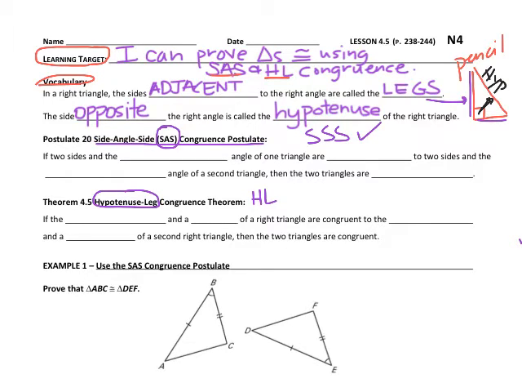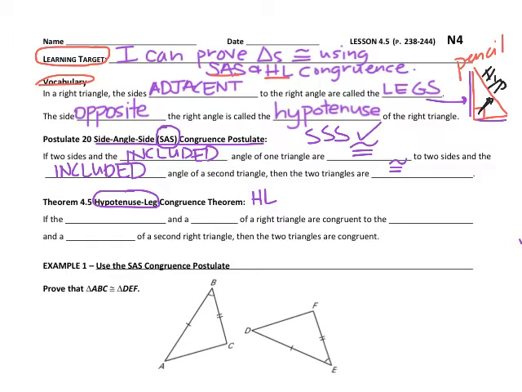But we're also going to learn 2 more in another video, so just so you know what's coming up. If 2 sides and the included angle, and I'm going to explain what included means in just a moment, of one triangle are congruent to 2 sides and the included angle of a second triangle, then the 2 triangles are congruent.